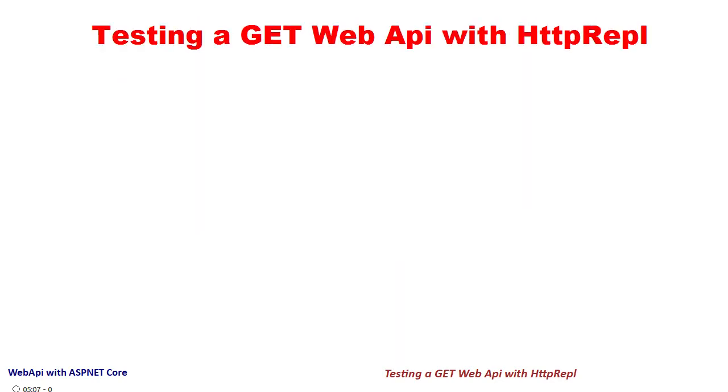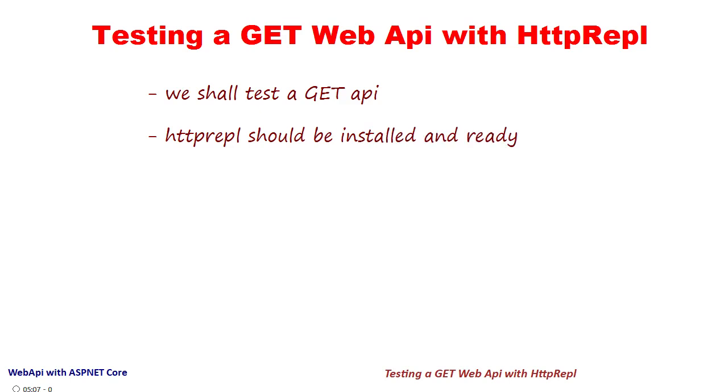Now it's time to use HttpRepl for testing our Web API. To begin with, we shall test a GET API. I shall assume that your HttpRepl is installed and ready. If things appear difficult, then you may have to go through the previous two tutorials for learning the basics of HttpRepl.